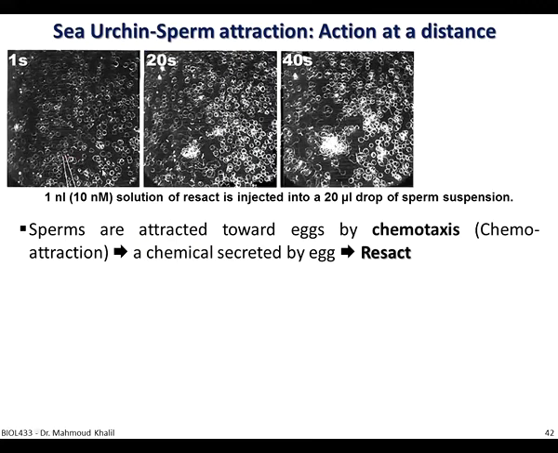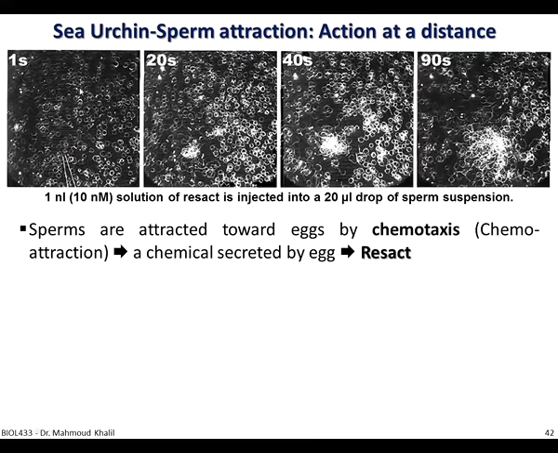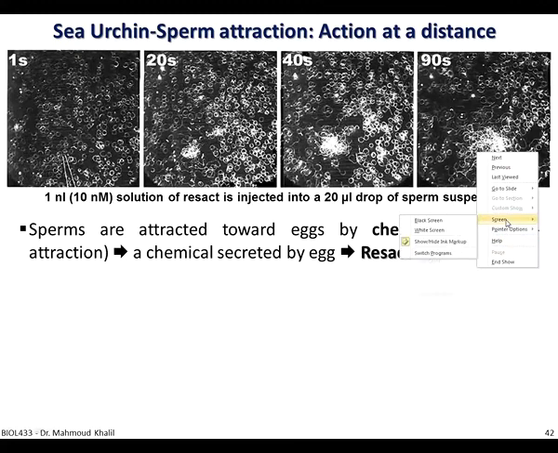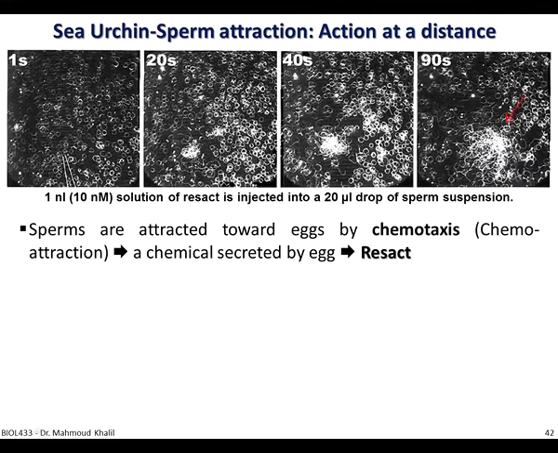When it starts secreting, you can see over time, this is 1 second. After 20 seconds of incubating this resact with the sperms, you can see that most of the sperms are now all directed to the point where the resact material has been injected inside the solution.